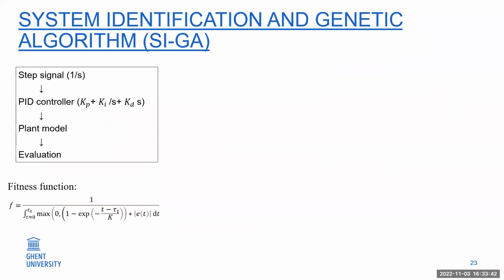After we get the plant model, we can optimize the PID controller's parameters by the genetic algorithm. We just need to give a step signal as the control objective for the PID controller, and then we use the PID controller's feedback as an input for the plant model, and from the control process we can get the evaluation metrics.